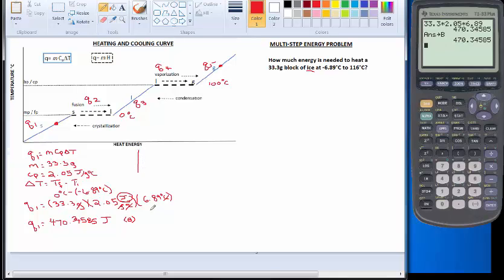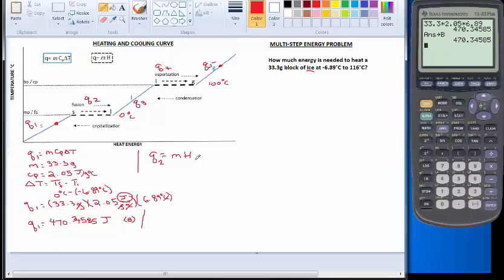Now let's move on to Q2. Q2 corresponds to changing from a solid to a liquid, so that means that we'll use the equation Q is equal to mH.